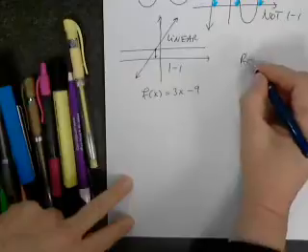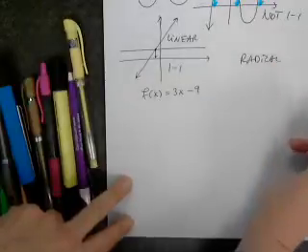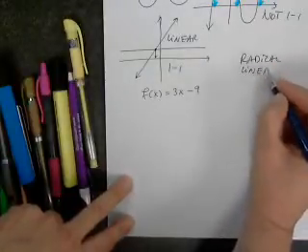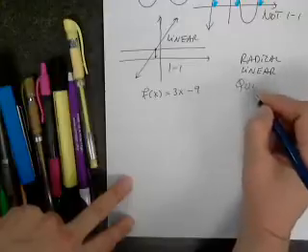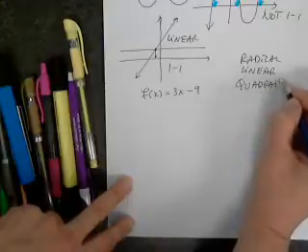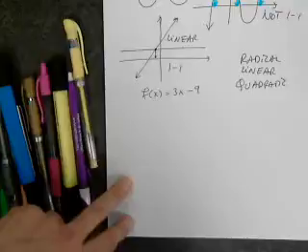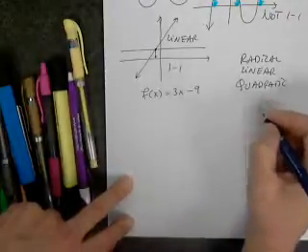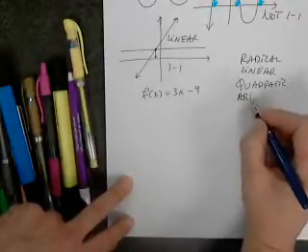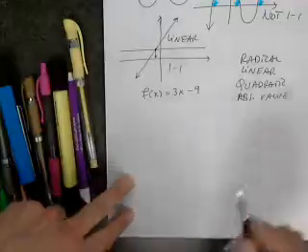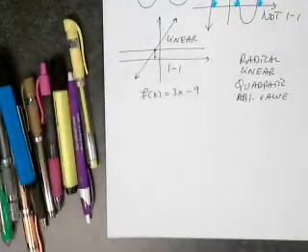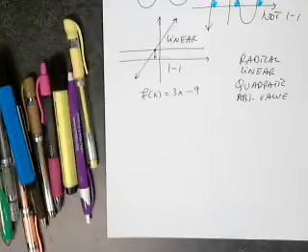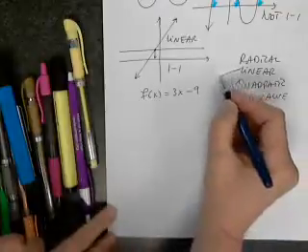We know radical functions. We know linear. We learned quadratic in the previous chapter. And we also know absolute value. Okay, which of these 4 is this function? Of course, this is a linear function.